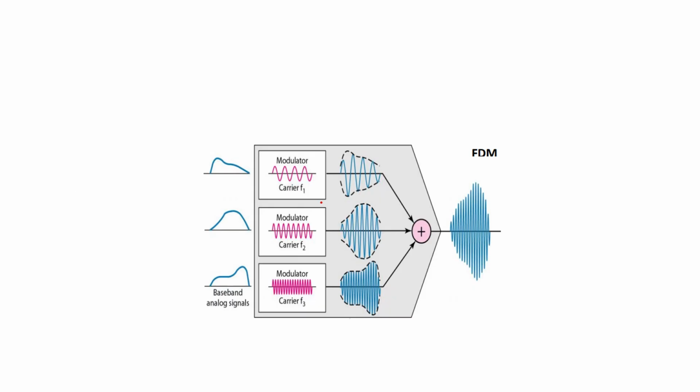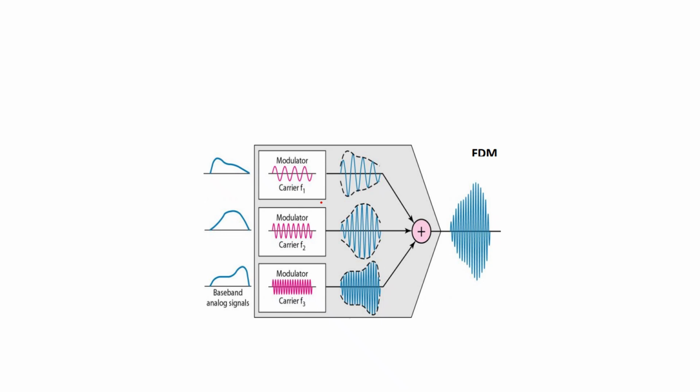So this is the transmitting end of the FDM modulator. Here different users are there, and the signals from different users are received by the transmitting end. We are using different modulators.